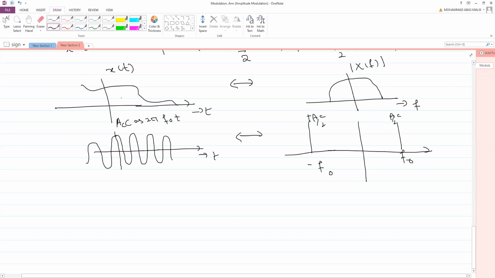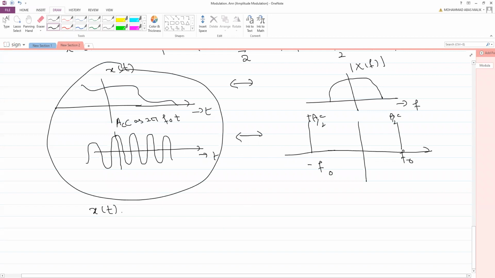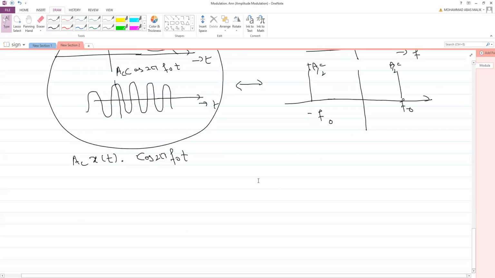Now, if you multiply these two, what value will you get? If you multiply x of t into AC cos of twice pi f naught t, then what will you get? First of all, try to draw the graph here.